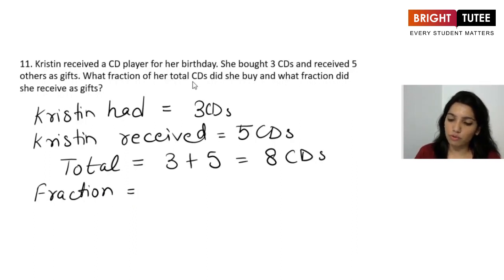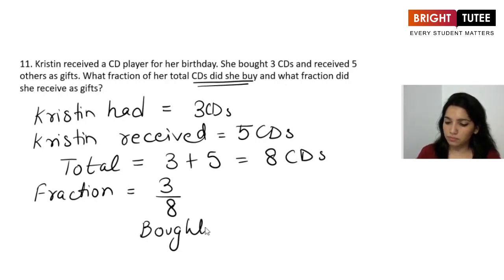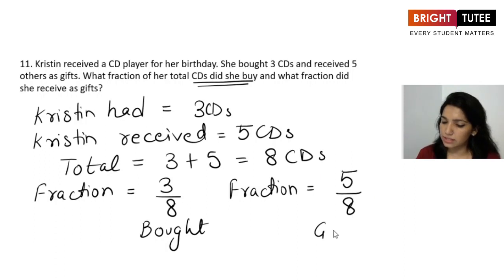What fraction of total CDs did she buy? So she bought total 3 CDs. So 3 out of 8 is the fraction of what she bought. And what is the fraction for the CDs that she received as gift? It is 5 over 8. So this is the fraction that came as gift for Christine.